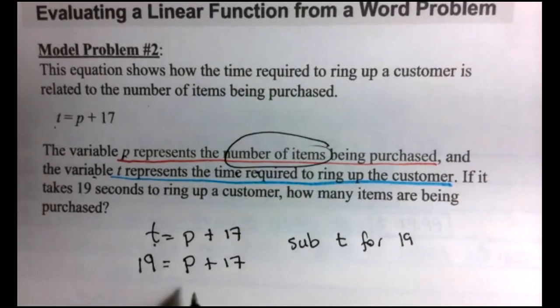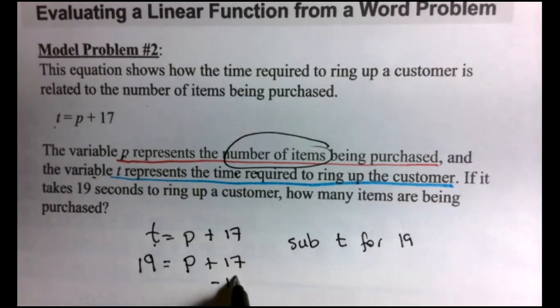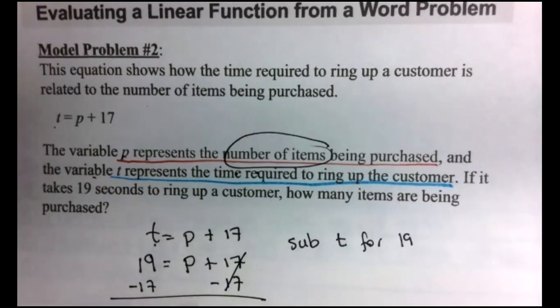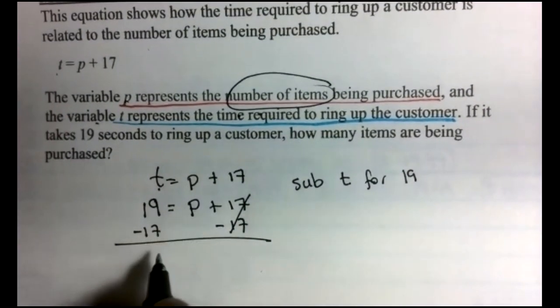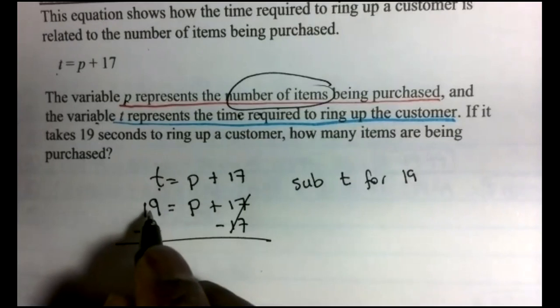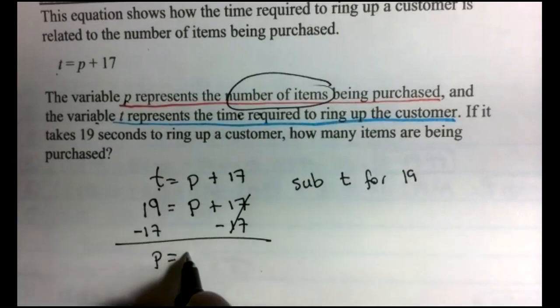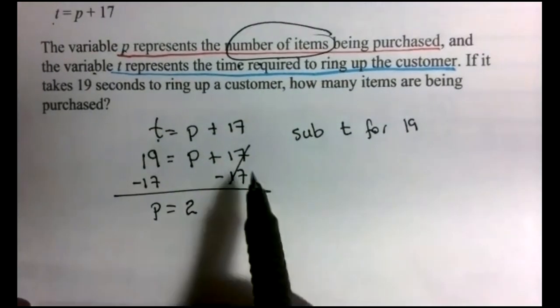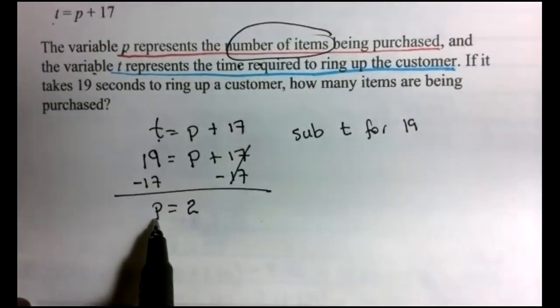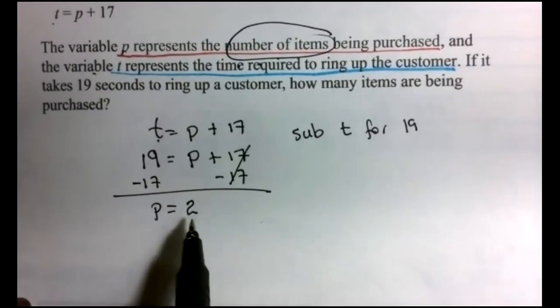I need to get P by itself, so I'm going to subtract 17 on both sides. Those cancel. So I have P is equal to 19 minus 17, which is 2. So this is telling me that the number of items purchased is 2.